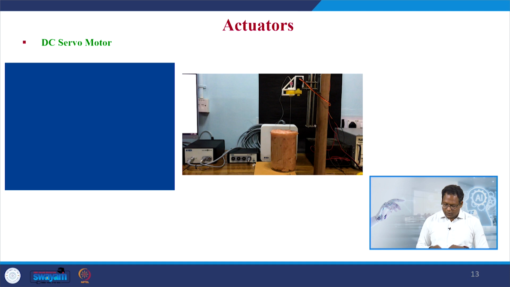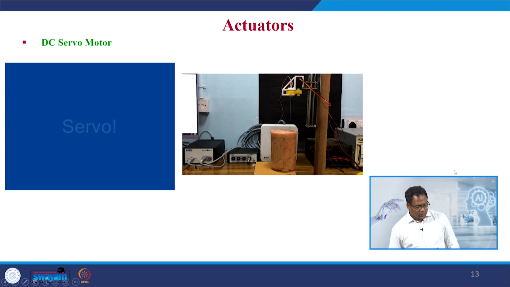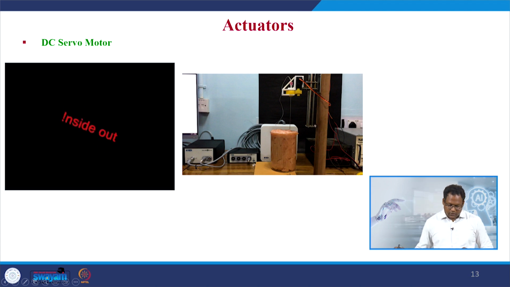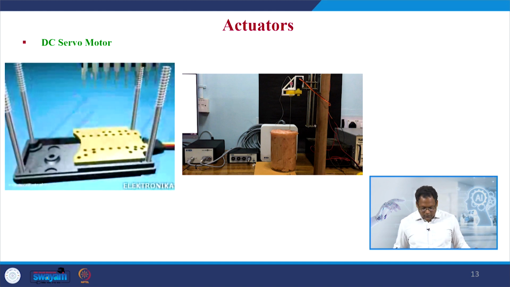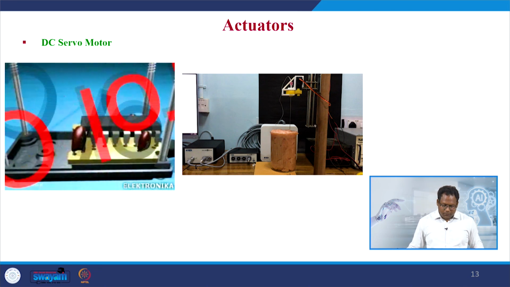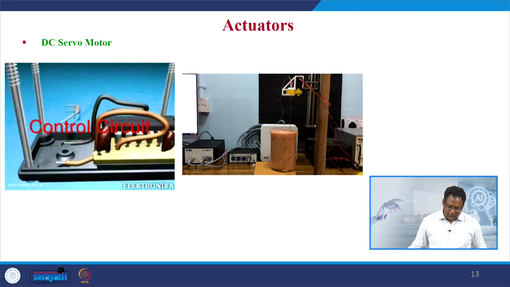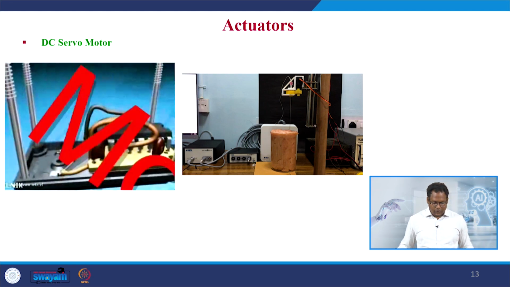Next, we can have the DC servo motor, which is very cheaply available as compared to the cost of DC stepper motor and DC brushless motor. These are the components that are inside the assembly of DC servo motor.